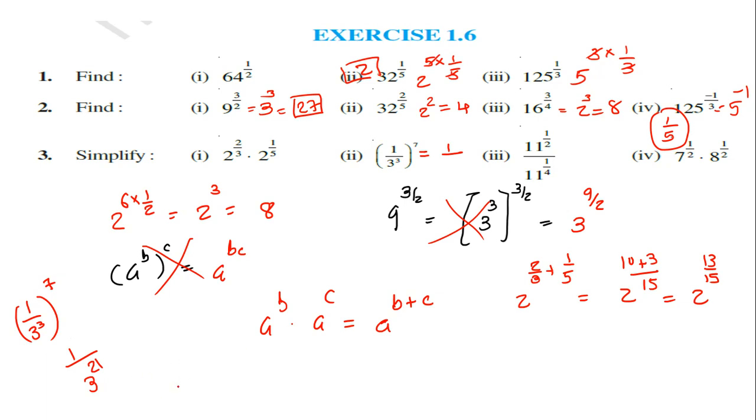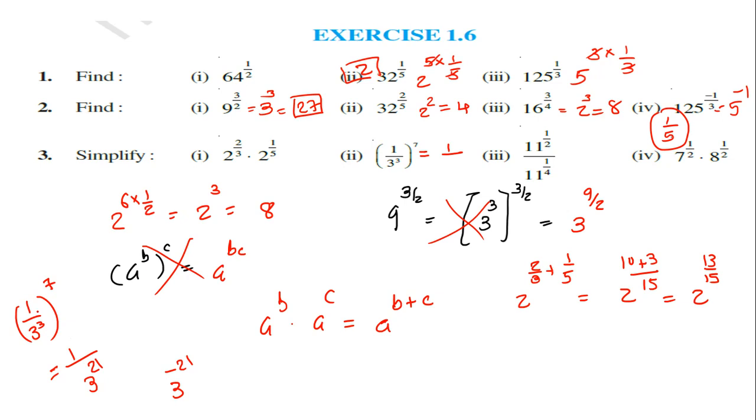3 by minus 21, no, why? 3 raised to, it's called 3 raised to minus 21. It's not 3 by minus 20. See, then same thing we have repeated here.